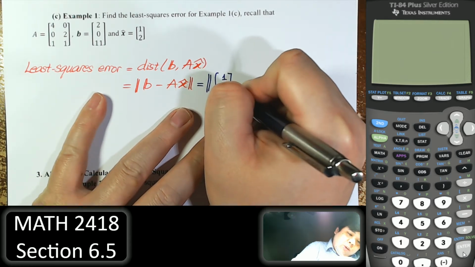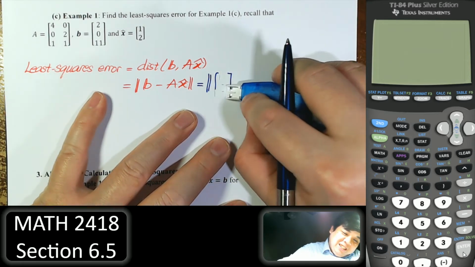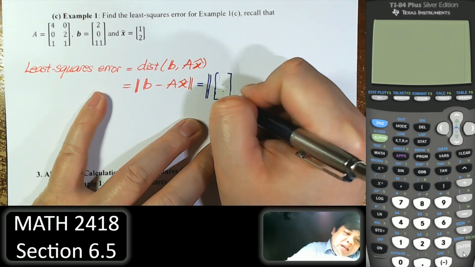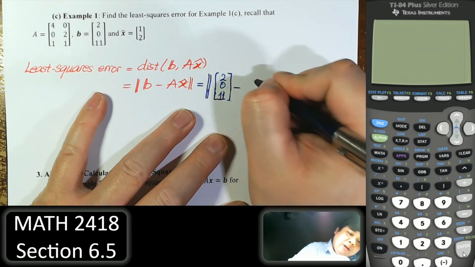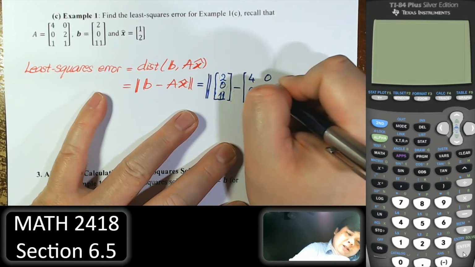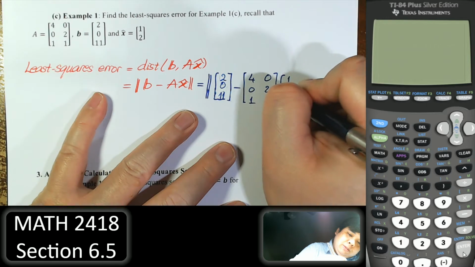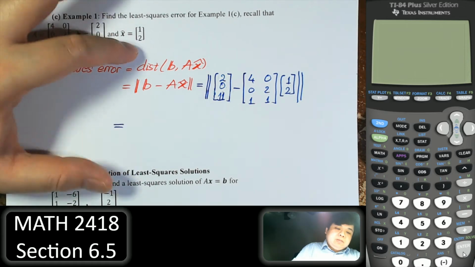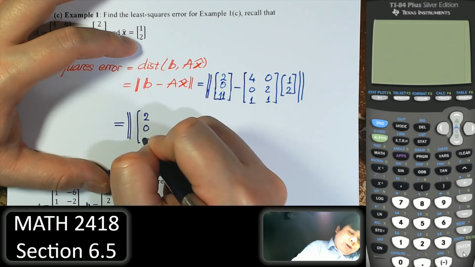Which is x hat, which is not what we have, sorry. Right, B, where's B? Okay, 2, 0, 11 minus Ax hat. Right, so we have 2, 0, and 11.